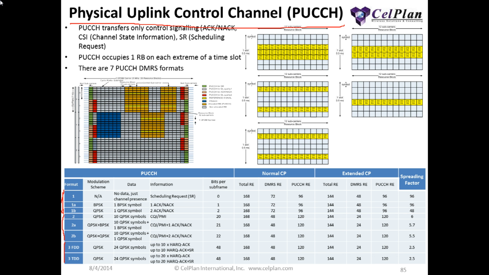So that is 10 ACKs that you can do. And then there is a possibility of bundling, so you can do theoretically up to 20 ACKs. That's why we have those different formats. And also why we have 1A and 1B, 2A and 2B, again, is basically to allow us to send a little bit more information.